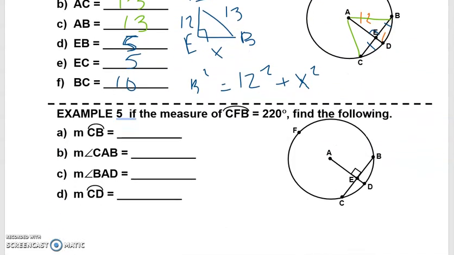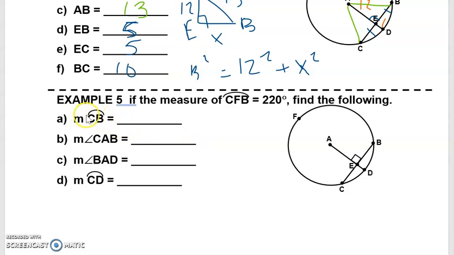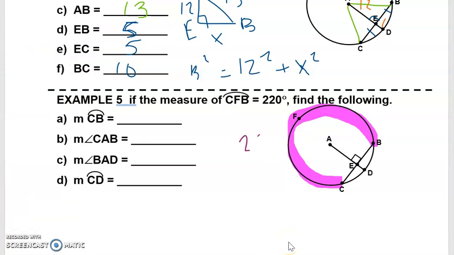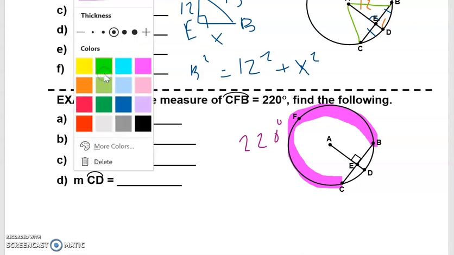If the measure of arc CFB, this whole giant curve, is 220 degrees, they want to know arc CB.